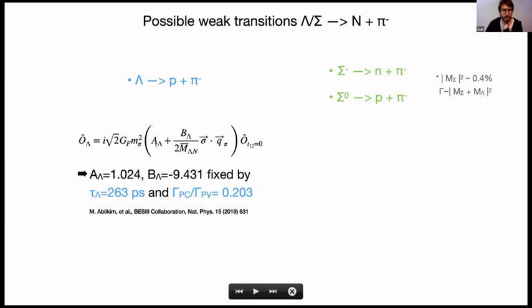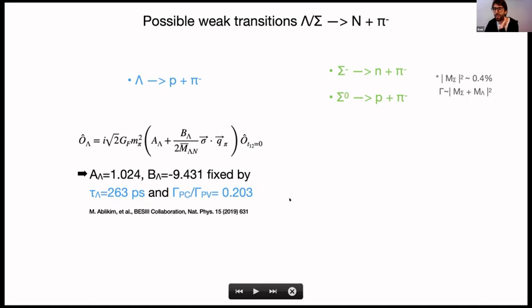And then we have two values, A and B, which are fixed by two experimental values, namely the lifetime and the asymmetry in the directions of the emitted particles in polarized hypernuclei. These values used to be somewhat different, because we updated them to the latest asymmetry from 2 years ago.